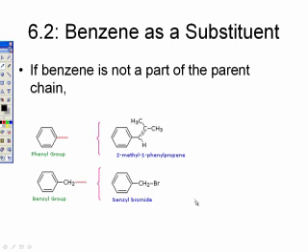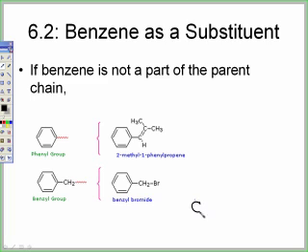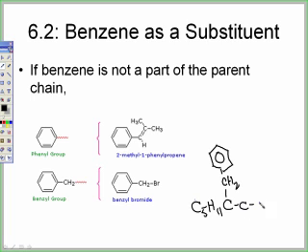You might see something where you have a really big long parent chain, let's say C5H11, and then maybe you've got your benzyl group on there. That would be, well, I guess I'm numbering from the right now. Yeah, let's do that.